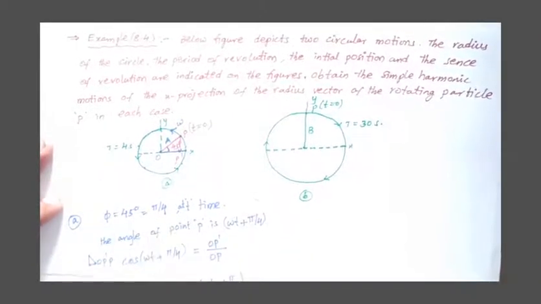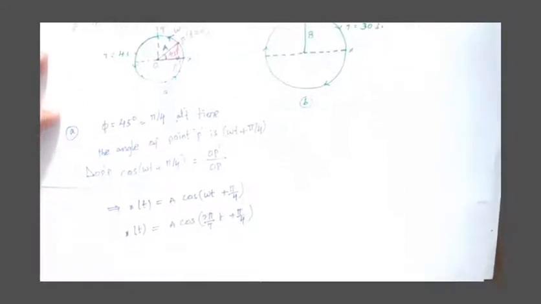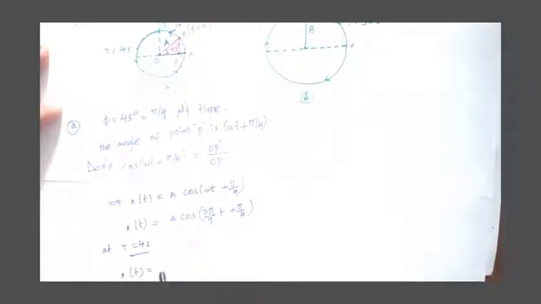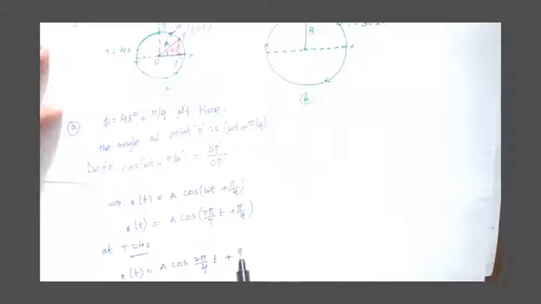The time period is given. What is the time period here? The given time period is 4 seconds. So x of t equals A cos of 2 pi by 4 t plus pi by 4, which equals A cos of pi by 2 t plus pi by 4.